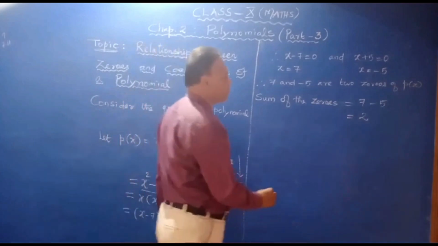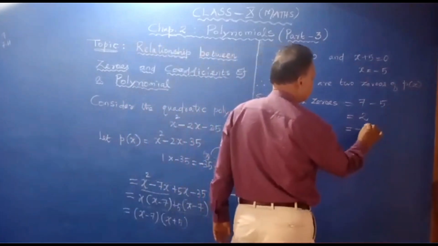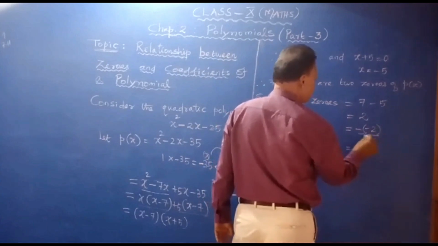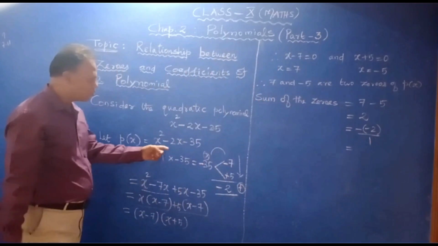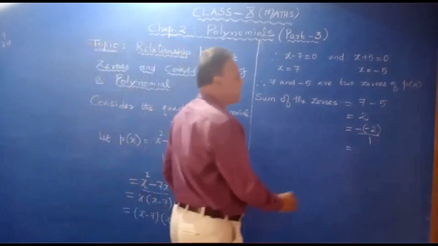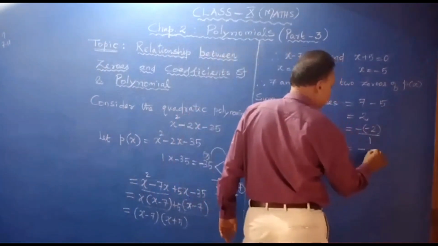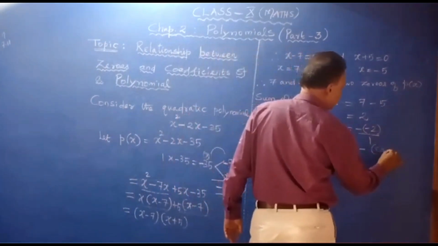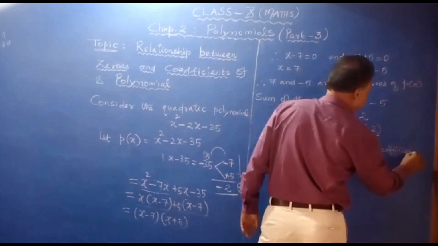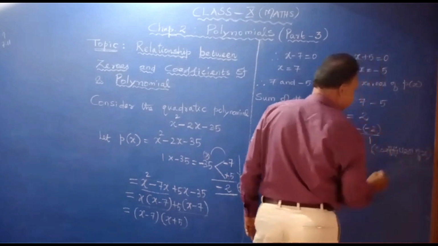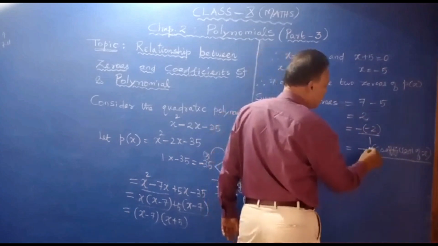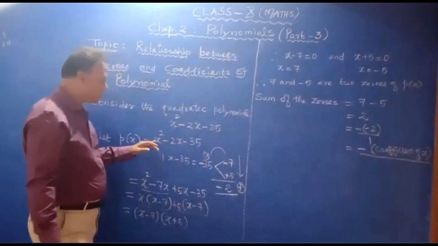You can write it as minus of minus 2, divided by 1. Why are we doing like this? You see the coefficient: minus 2 is the coefficient of x, and 1 is the coefficient of x squared.